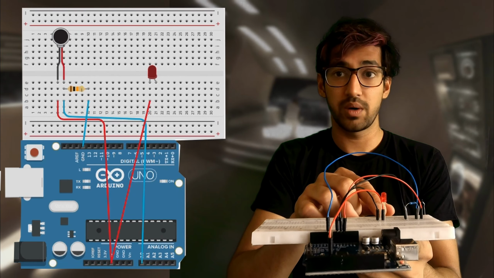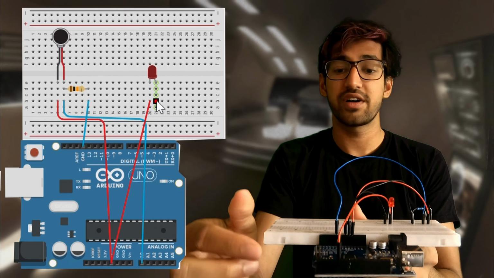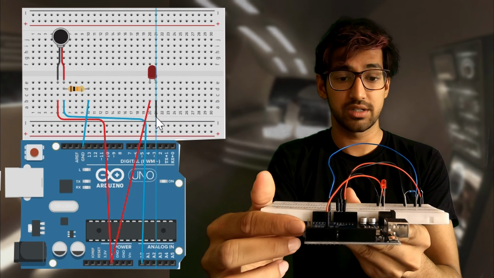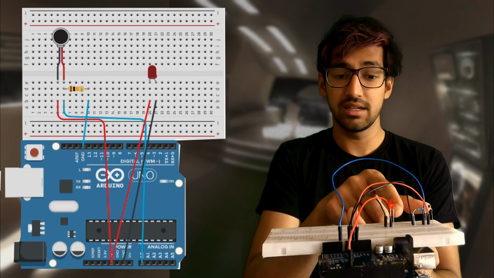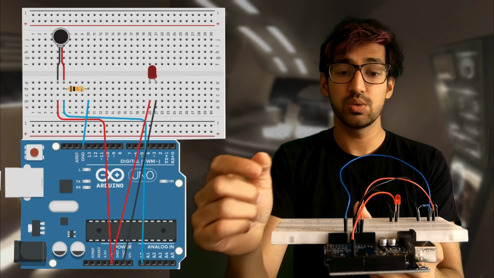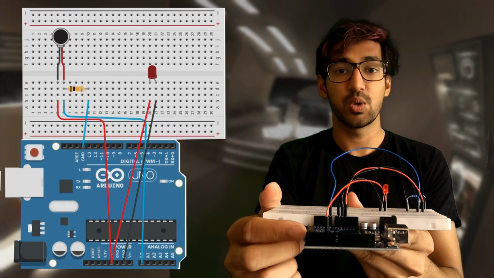Connect a red wire, which is powering the LED, from 20B to the 5 volt port on the microcontroller. Connect a black wire connected to the negative of the LED from 22B to the ground on the microcontroller. Let's see how the coding is done.